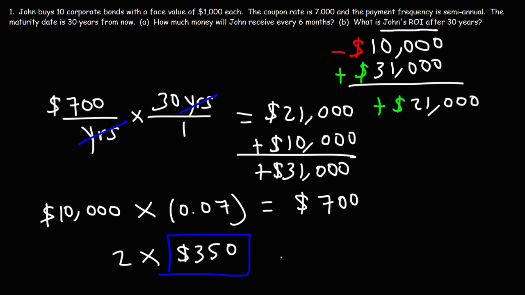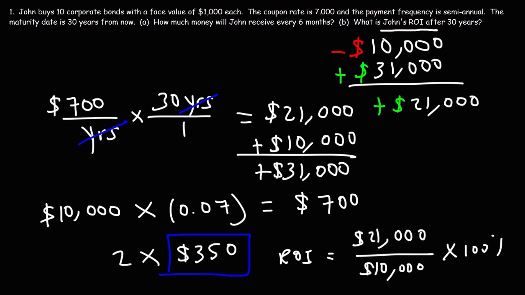Now, to calculate the ROI, it's going to be his net gain or profit, which is $21,000, divided by the cost of investment, which was $10,000, times 100%. So his ROI after 30 years is only 210%.